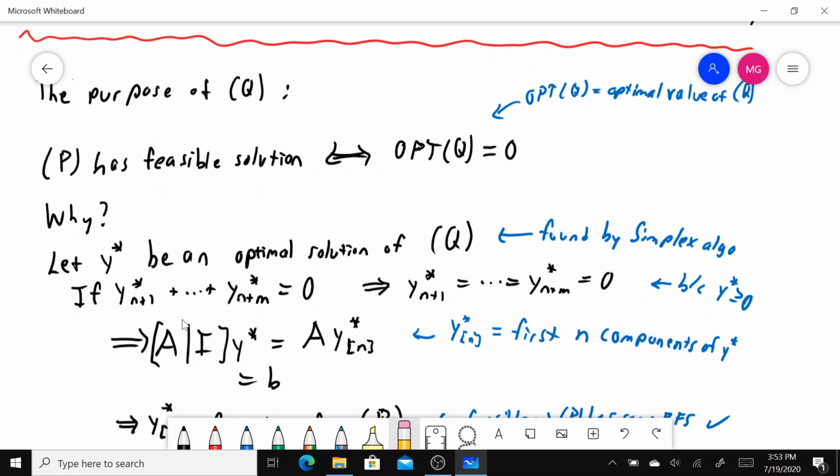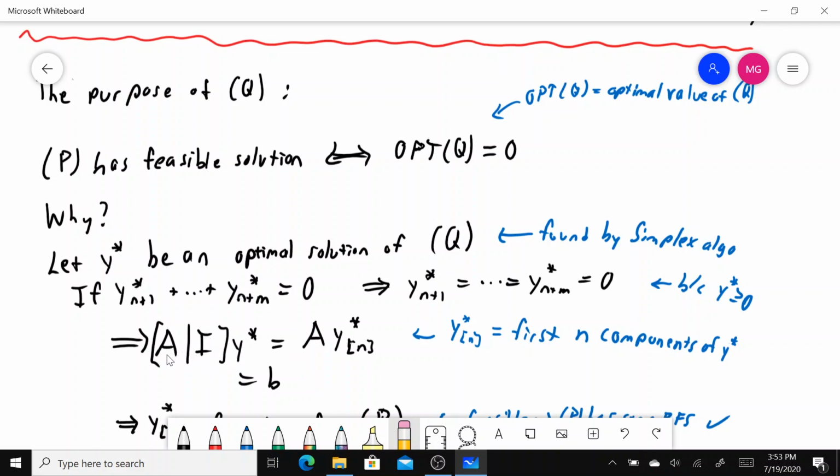So what that means is, when you consider A appended by I, that matrix, times this y star: on the one hand, y star is feasible, so I get the vector b. But also the last m components are zeros, and those are the components associated with the m columns of the identity matrix, so they just vanish.